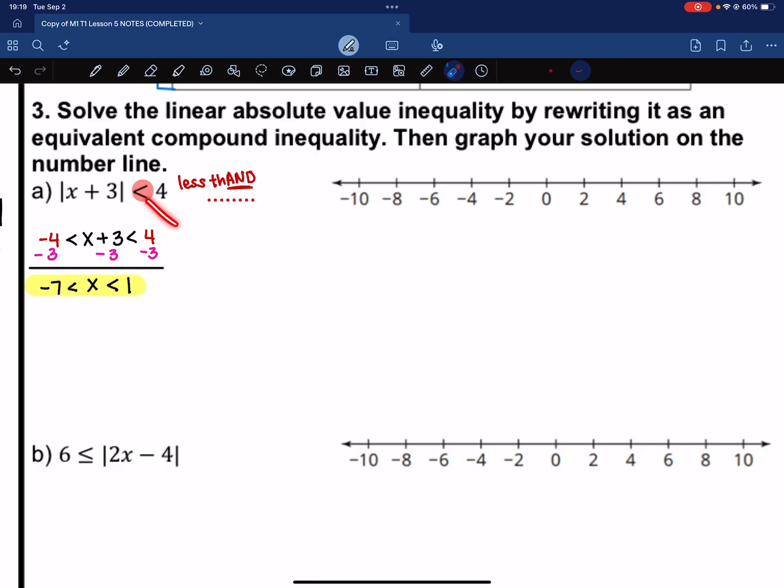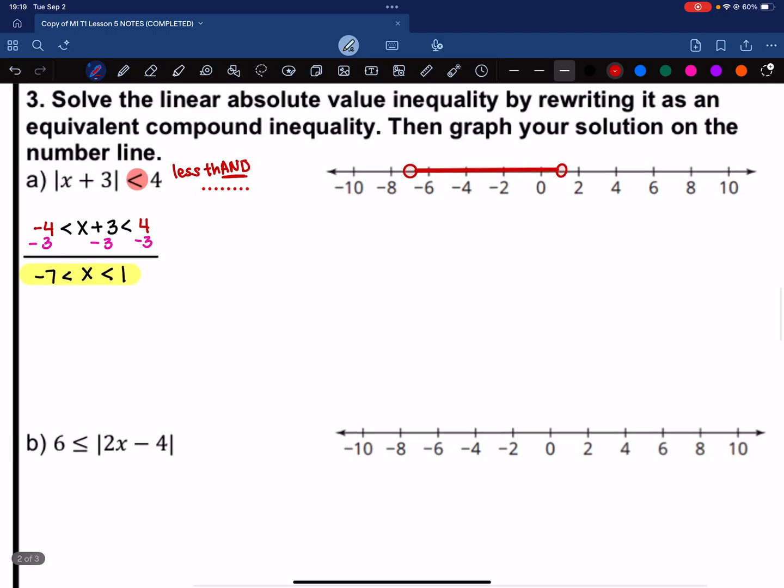But because of the inequality symbol not having a line, no line, we're going to use open circles. So I'm going to put an open circle at -7. I'm going to put an open circle at 1. And because x is in the middle of them, I am going to shade the area in the middle of the two open circles. Okay?